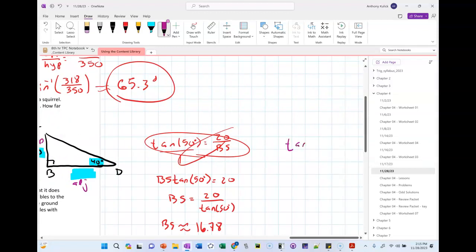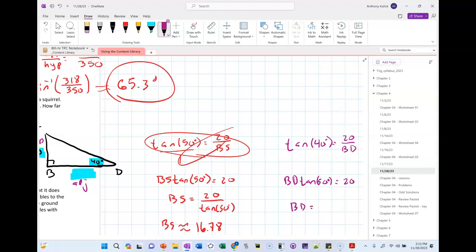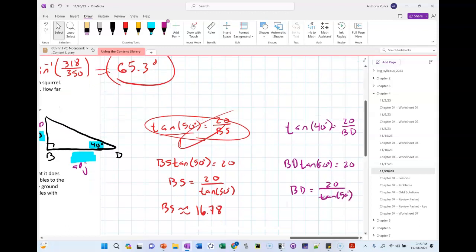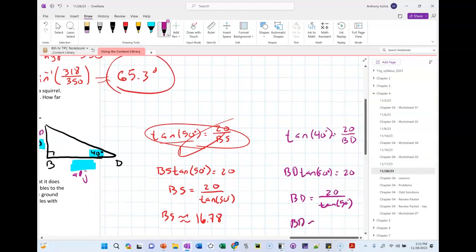So I'll say tan 40 is equal to opposite over adjacent. I'll do the same: cross multiply and divide by tan 40. And now it's calculator time.